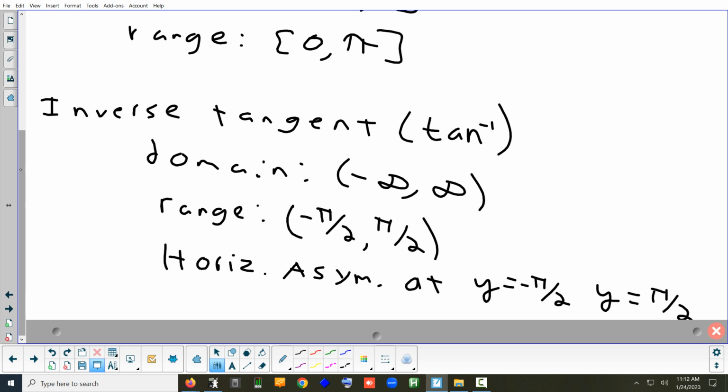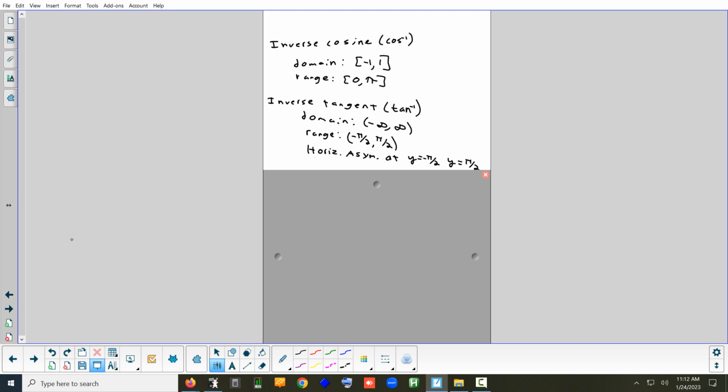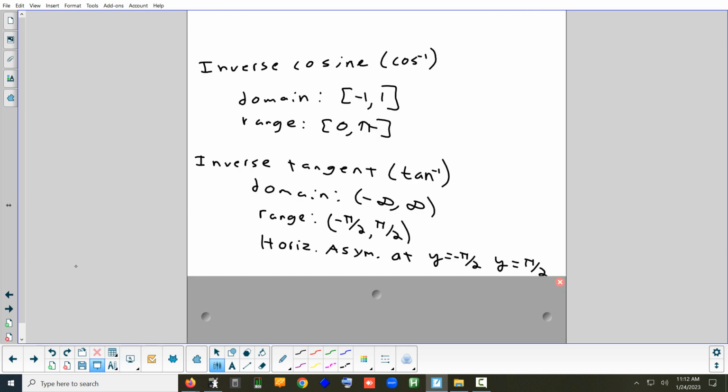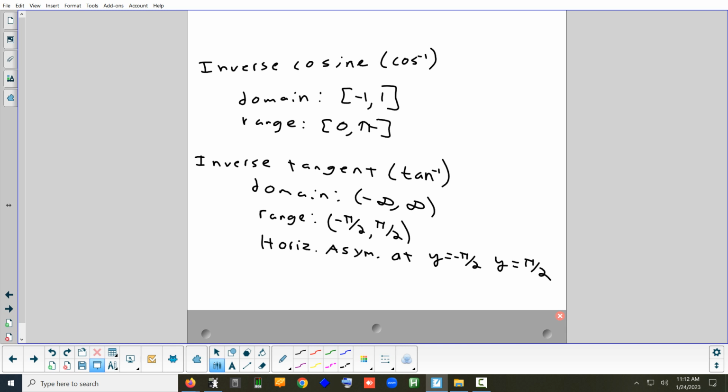Any questions about what the domain and range are for inverse sine, inverse cosine, or inverse tangent?